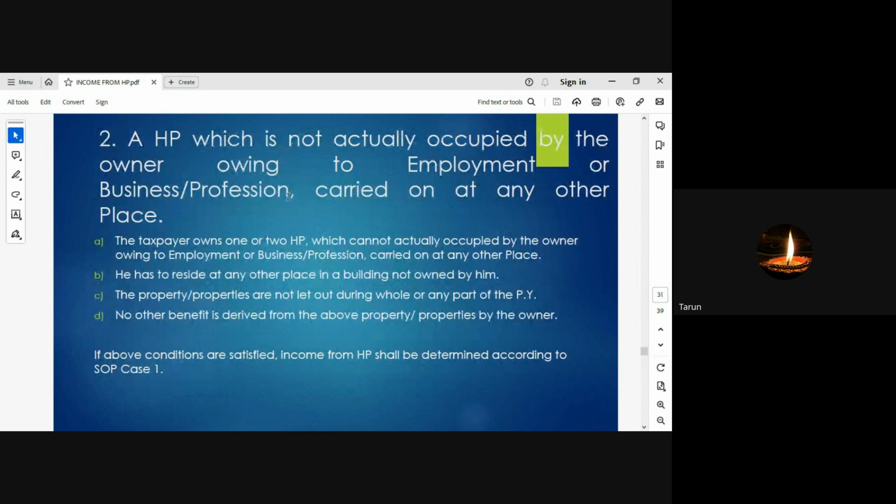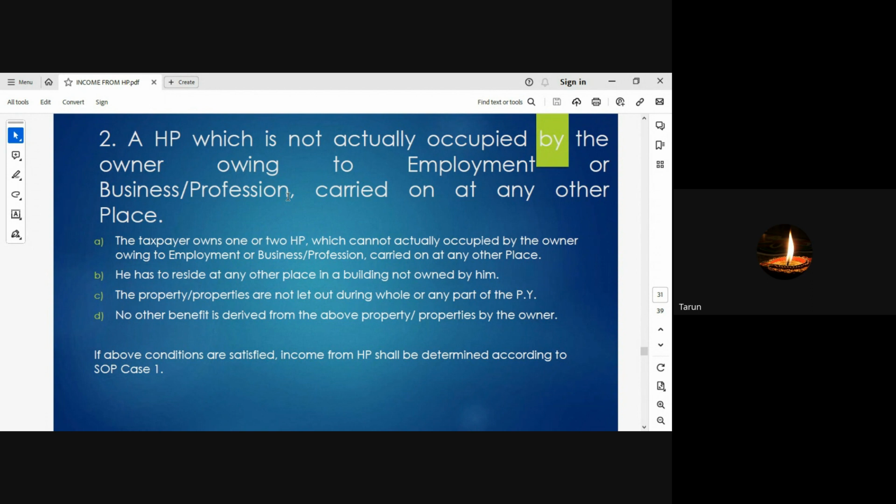Next is a house property which is not actually occupied by the owner owing to employment, or to business or profession carried on at any other place. Like a house property which is not occupied for self purposes but the owner is occupied with his own business or profession carried on at another place.